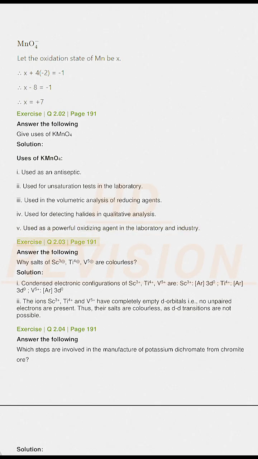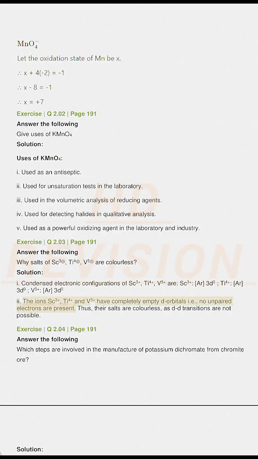Exercise Q 2.03, page 191. Answer the following. Why are salts of Sc3+, Ti4+, V5+ colorless? Solution. Condensed electronic configurations of Sc3+, Ti4+, V5+ are [Ar]3d0.